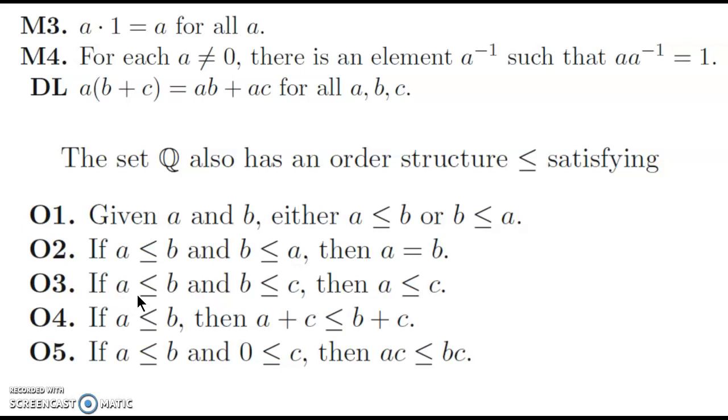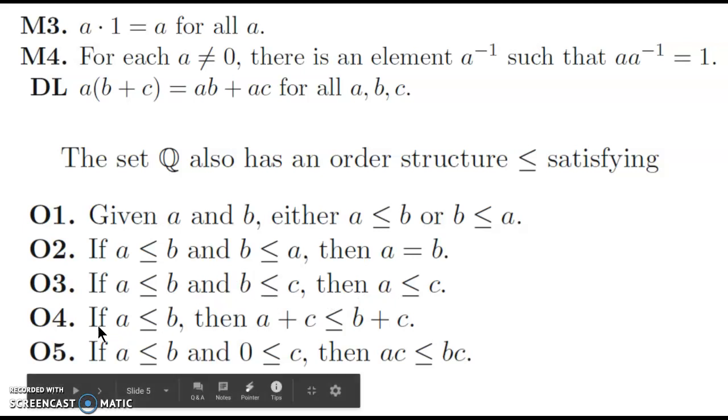The third property says if a is less than or equal to b and b is less than or equal to c, then a is less than or equal to c. The fourth property says if a is less than or equal to b, then a plus c is less than or equal to b plus c. And the fifth property says if a is less than or equal to b and c is any element which is greater than or equal to 0, then ac is less than or equal to bc.